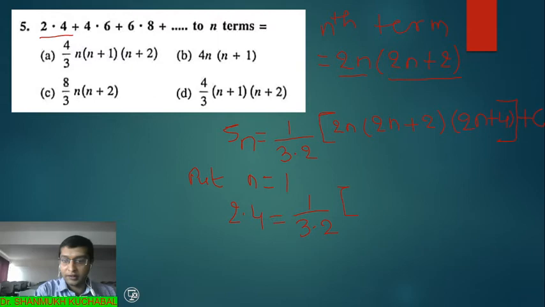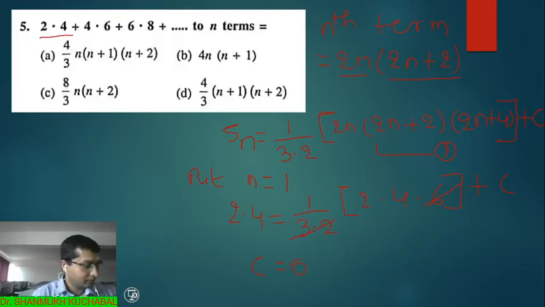Then further, taking n equal to 1, we get 2 into 4 into 6 plus c. Then 3 twos are 6, 6 gets cancelled. On simplifying we get the value of c equal to 0, and we call this Sn as equation 1.